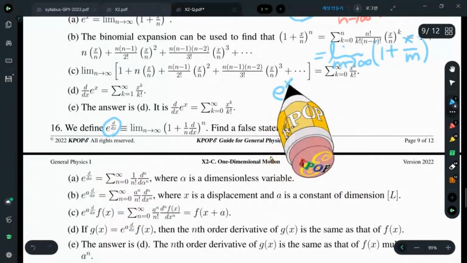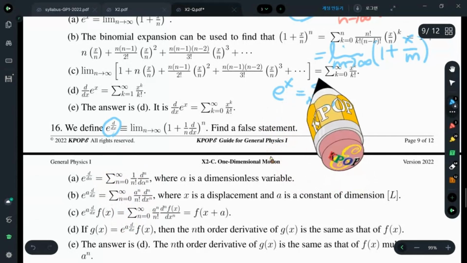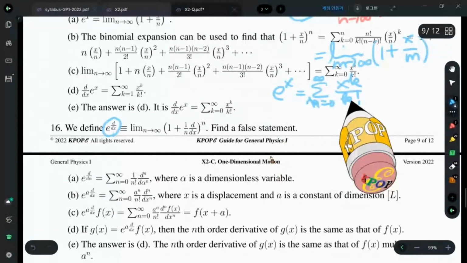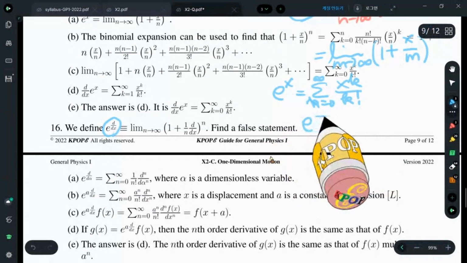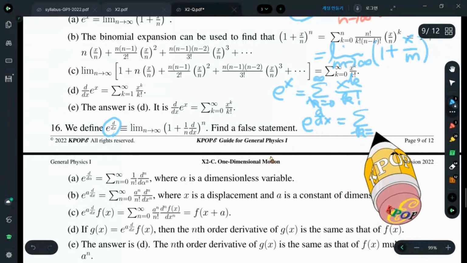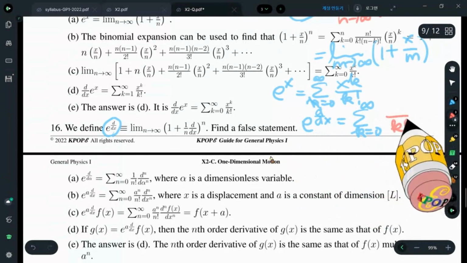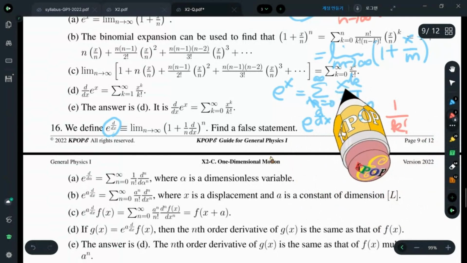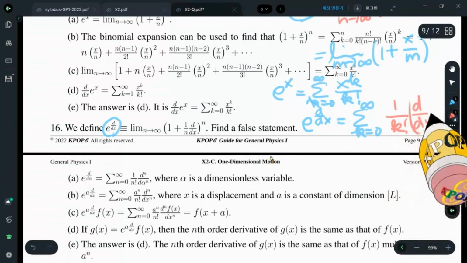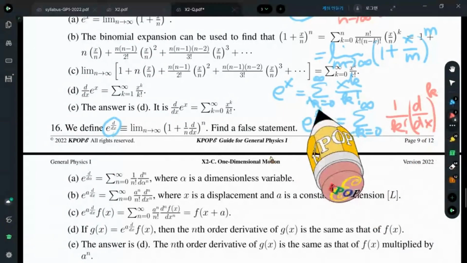So we know exponential x is this. k runs from 0 to infinity, x to the k over k factorial. Why don't we just define this one by the same power series, except that we just replace this one as a power of a derivative operator.